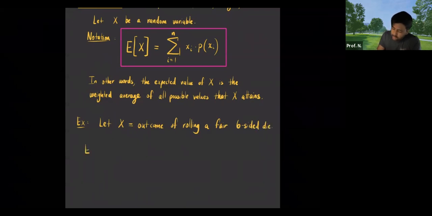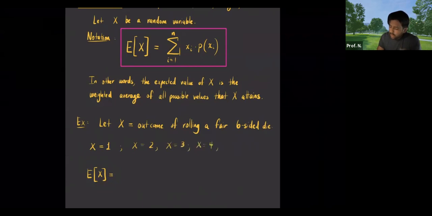What is the expectation value or the expected value of X? Well, first you have to figure out what the different values of X are. What can X attain? X can be 1, 2, 3, 4, 5, or 6. The way I define X is the outcome of rolling a fair six-sided die, which could be 1 through 6.